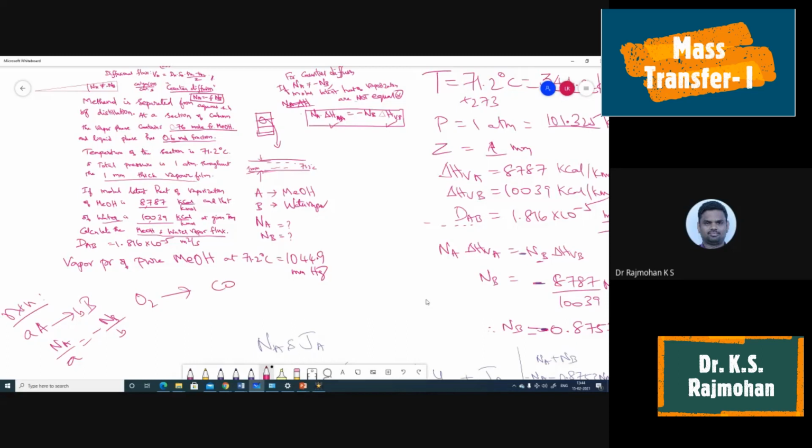For every 0.5 moles per second of oxygen entering into the diffusion through the pores of the catalyst, there is 1 mole per second of CO leaving the system, in the opposite direction. Okay, so this flux of A is equal to half of that of B, right? So that way you will get Na equal to minus NB by B.